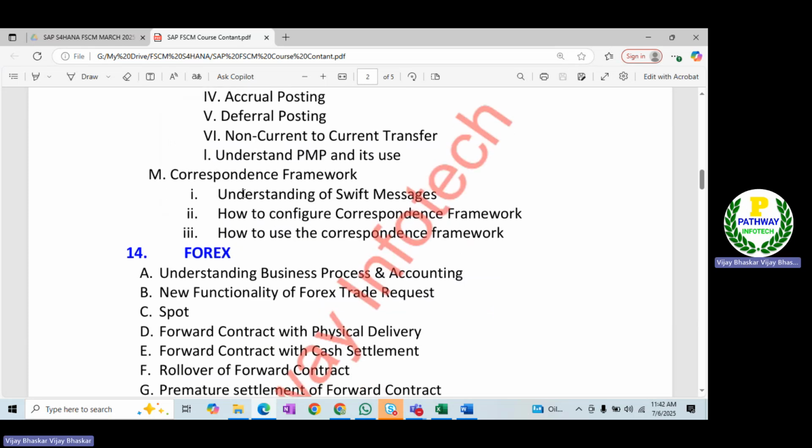Then the correspondence framework is also part of the session.